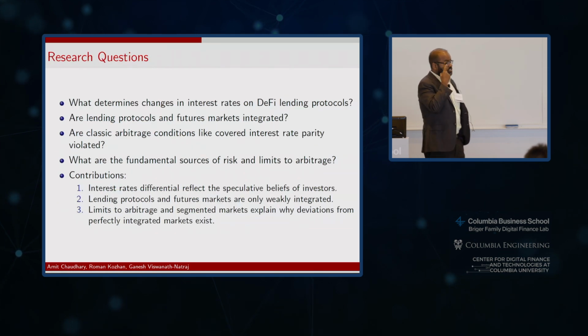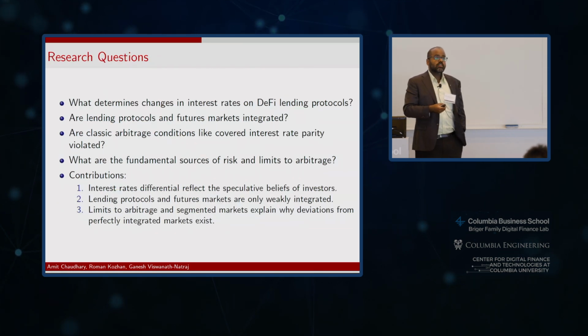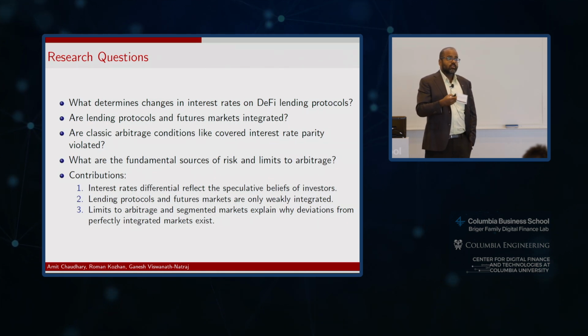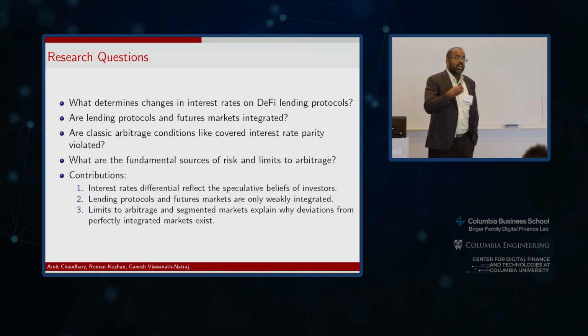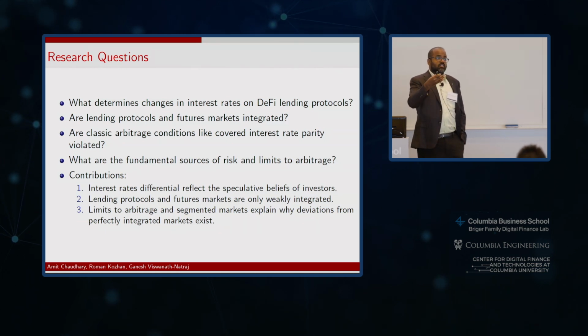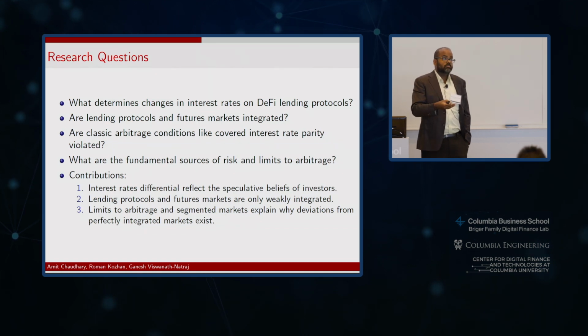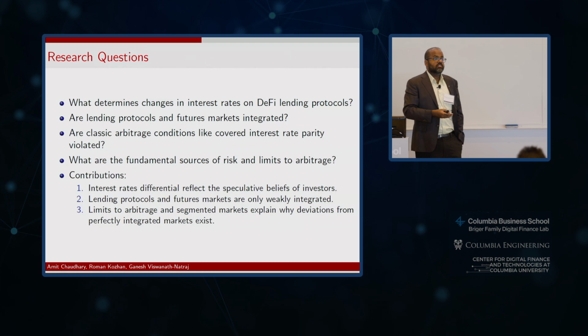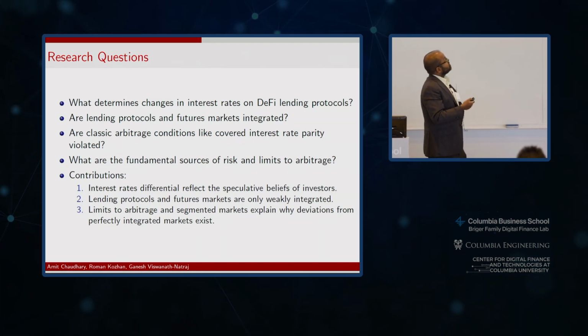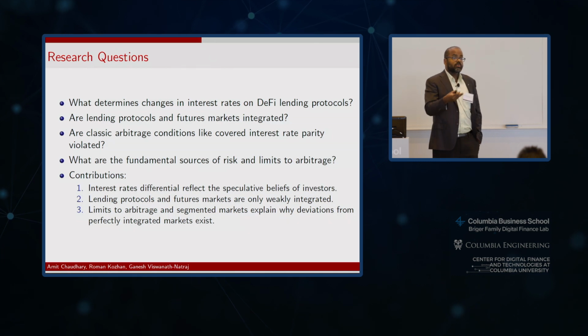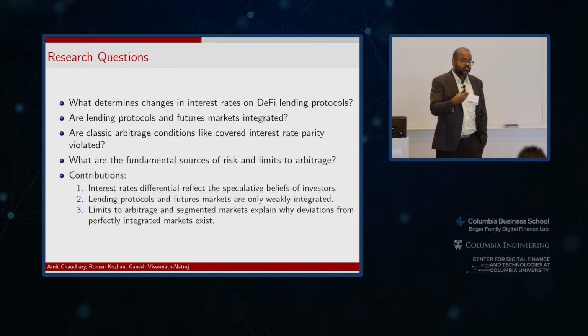The questions that we will ask in this paper are: what are the determinants of interest rates on these protocols? We find that interest rates on stablecoins are typically higher than interest rates on riskier cryptocurrencies, so we want to understand what determines these interest rates. Is there integration between lending protocols and futures markets?